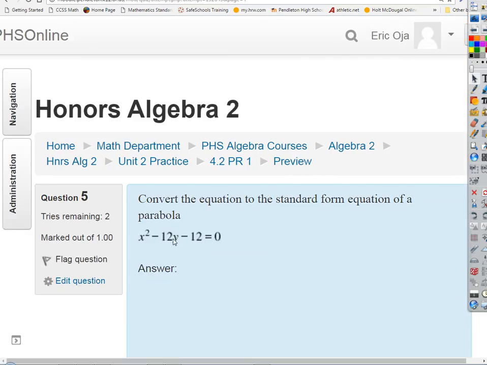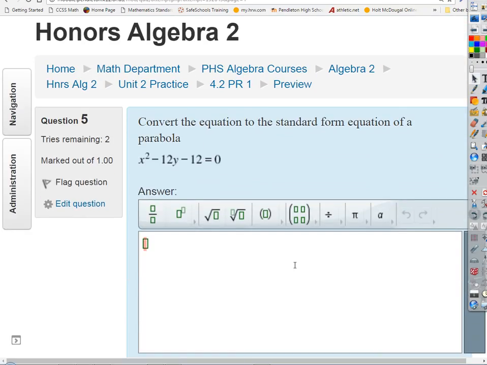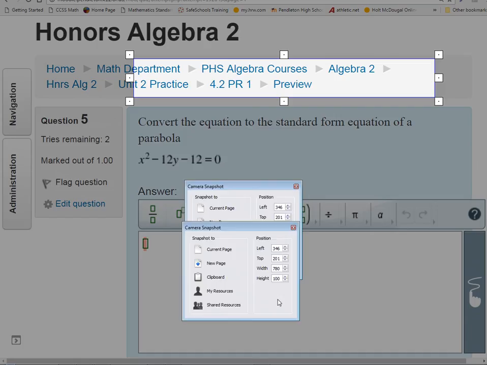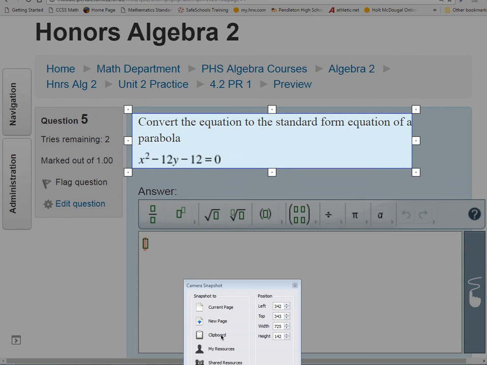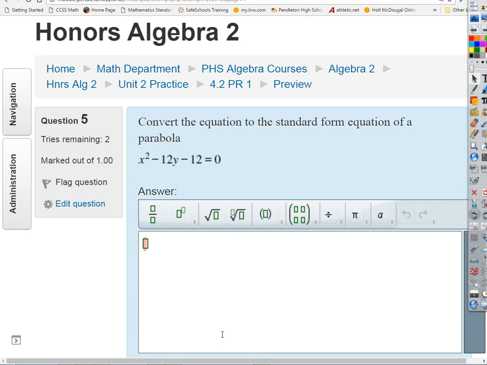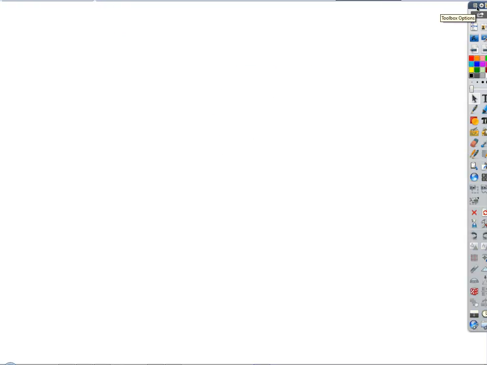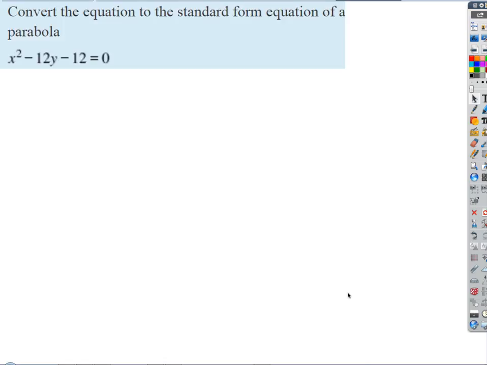All right, so last few here, we're trying to convert these equations into standard form equations of a parabola. Let's look at just a couple examples of this. In this case, it looks like the x variable is being squared.